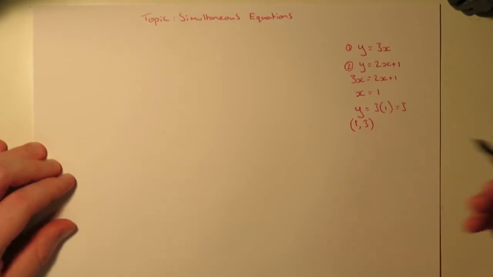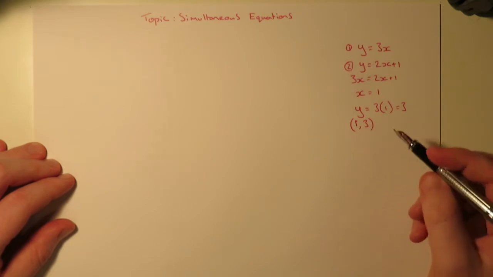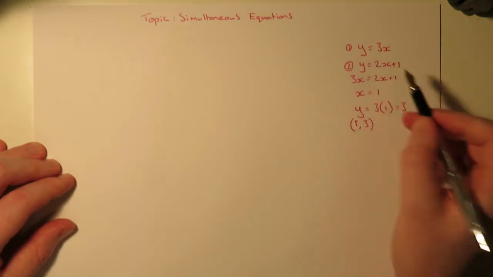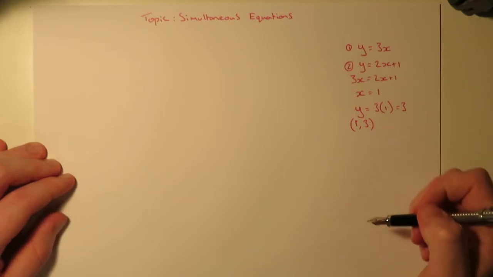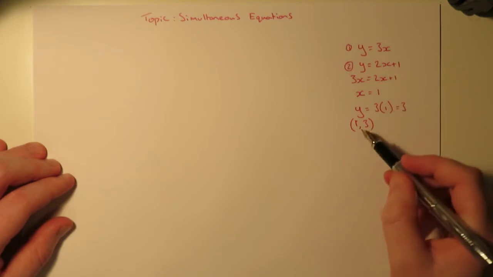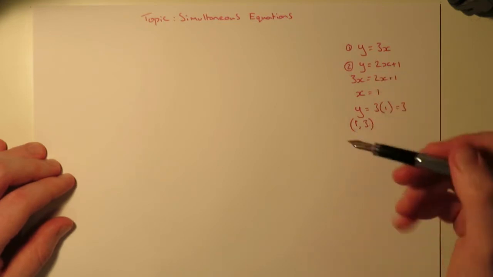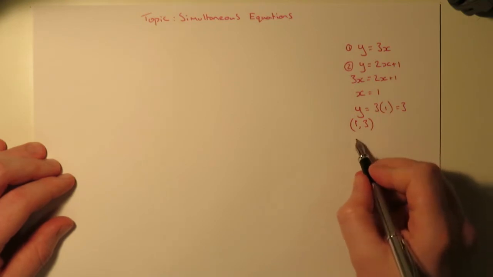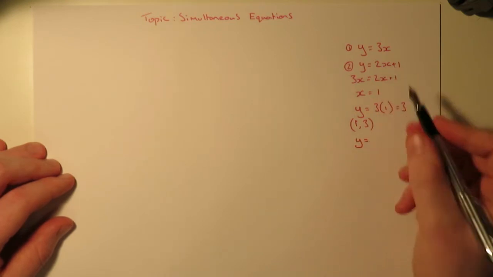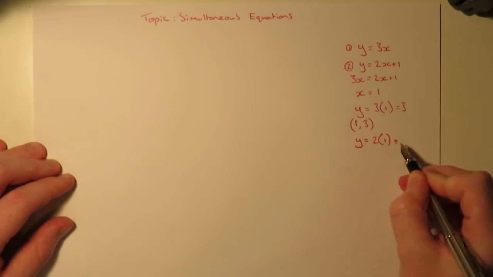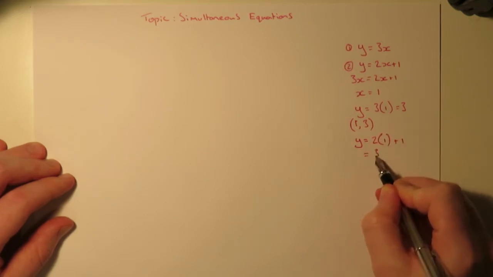Now it's good exam technique to substitute these values into this other equation to see if you get the same answers back out. So y equals 2x plus 1, where x is 1, so 2 lots of 1 plus 1, that's 3 altogether.